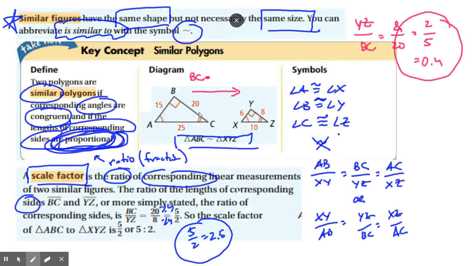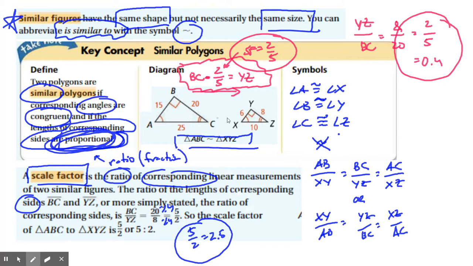Well, I have to make BC smaller, so I'd have to multiply it by the smaller scale factor of 2/5. 2/5 of 20 would come out to be YZ. So this formula right here, using 2/5 as my scale factor, would get me between the big and small triangle. So scale factor is directional, is what I'm getting at.